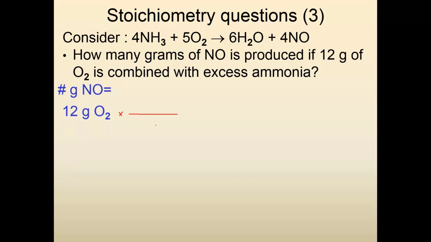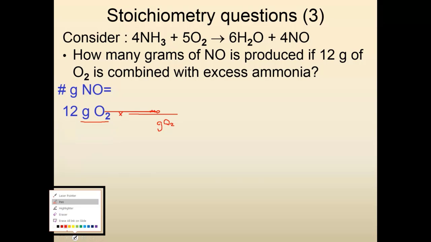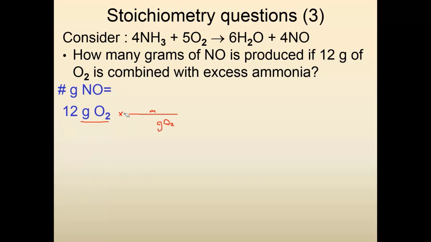What goes on the bottom of the first conversion factor? Well, this is grams of O2 that I'm starting with. So what goes on the bottom? Grams of O2. And what goes on top? Moles of O2. You can't go from one substance to another unless it's a mole-to-mole ratio.